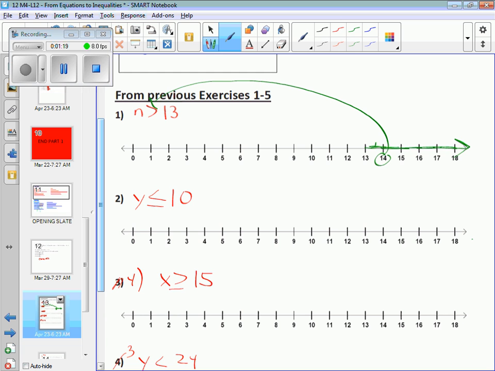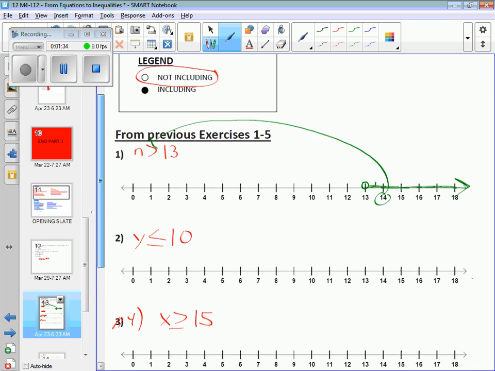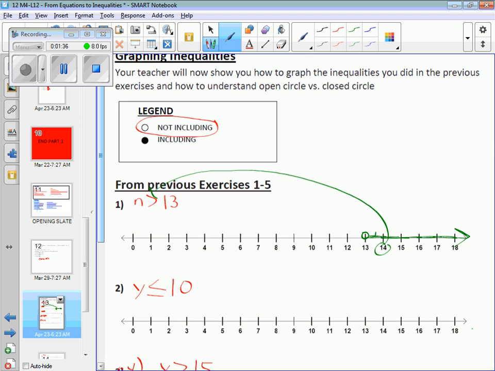Here's how you show it on a number line. To show that it can be anything greater than 13, but not 13 itself, right at 13, you make an open circle. That open circle, according to the key, indicates that it does not include 13. But everything after 13 is inclusive.